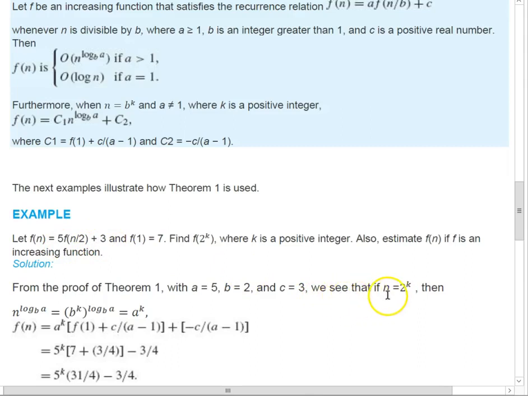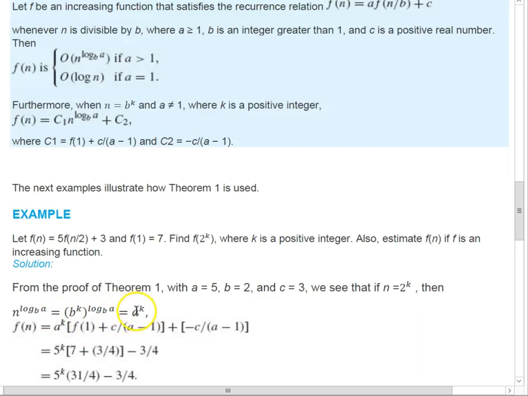We see that if n is equal to 2 to the k, then we can apply this result. And in that case, n to the power log base b of a is this. Replace n with b to the k. But b to the power log base b of a is just a, so this results in a to the k.